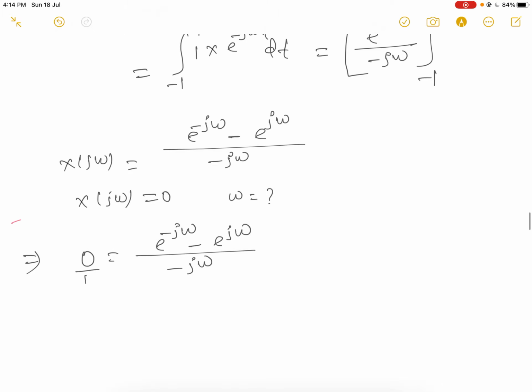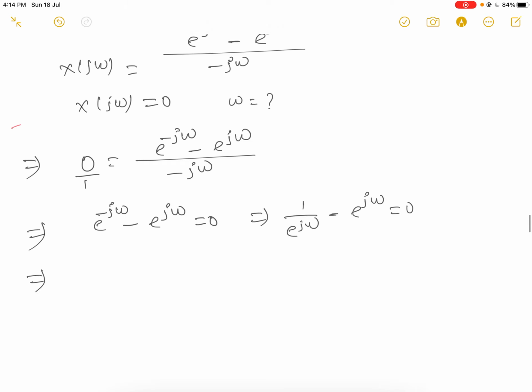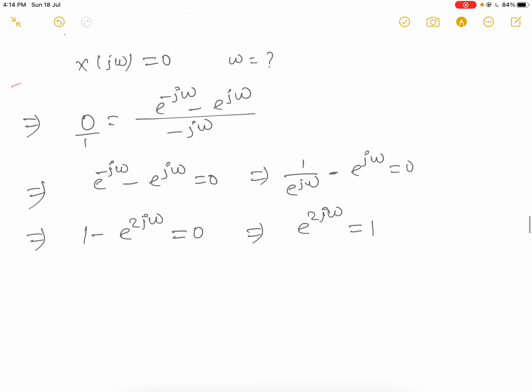Now cross multiply, then we get e to the power minus j omega minus e to the power j omega equal to 0. Simplify it: 1 upon e to the power j omega minus e to the power j omega is equal to 0. Then we can write 1 minus e to the power 2 j omega is equal to 0, so e to the power 2 j omega is equal to 1.